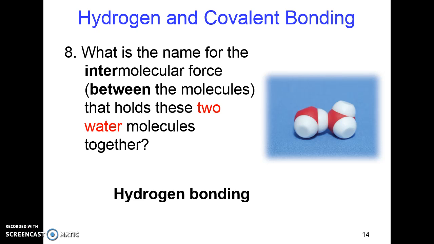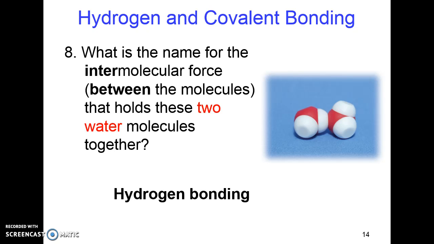We're going to figure out which is harder. Is it harder to pull 2 water molecules apart, or is it harder to pull a hydrogen off of a water molecule? Okay, that's question number 8. Again, if you're not sure, come ask me.